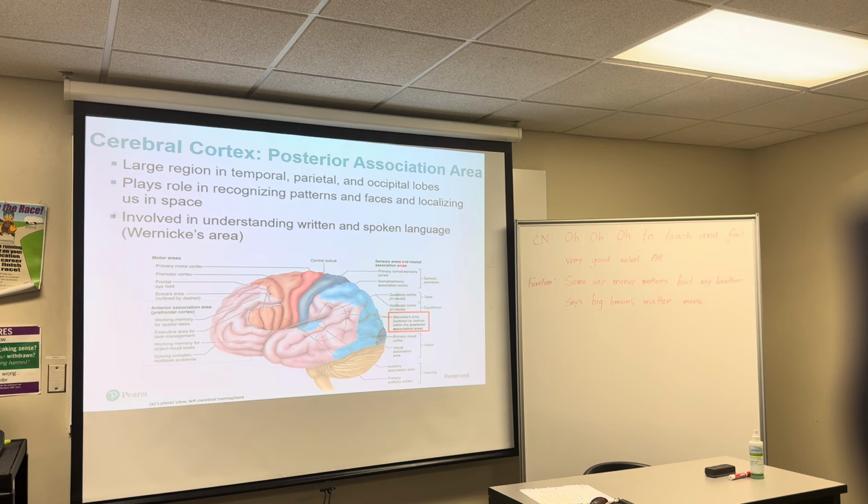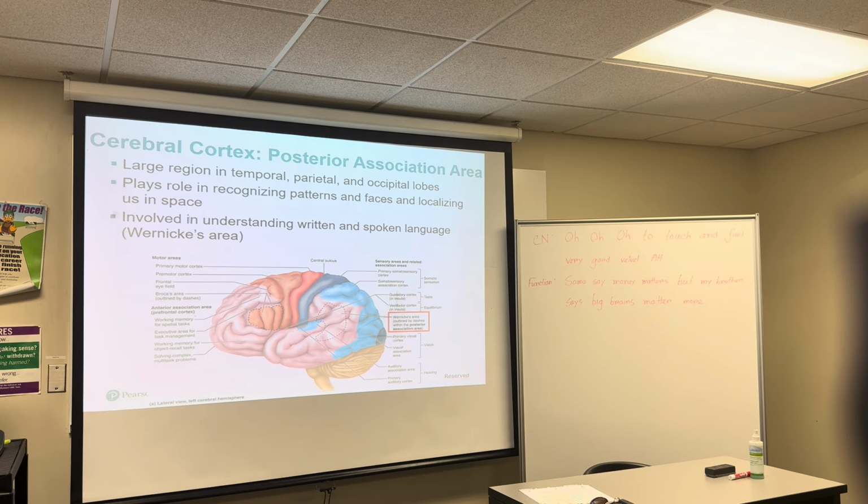What about the posterior association area? This is the large region in the temporal, parietal, and occipital lobes. It plays a role in recognizing patterns and faces, and in localizing us in space. It is involved in understanding written and spoken language.